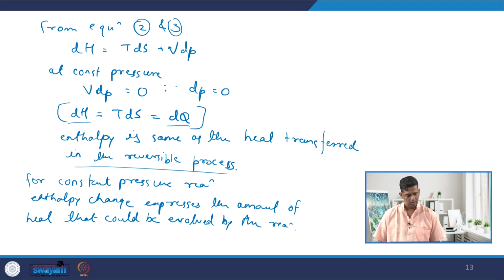So this is for constant pressure process. So we can say that dH is equal to TdS. I am writing the equations again. TdS is equal to dQ.